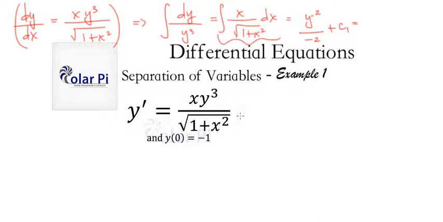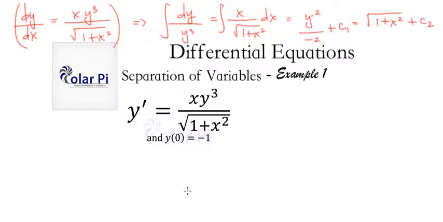And then here, using u substitution, you could let u equal 1 plus x squared. If you know how to do u substitution, which you should learn before you learn separation of variables, you'll find that this integral is equal to root 1 plus x squared plus c2.